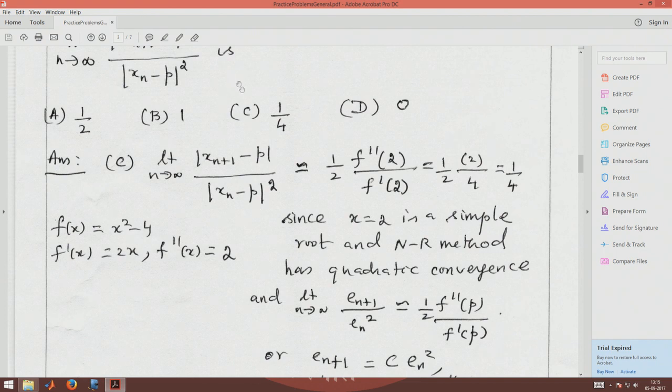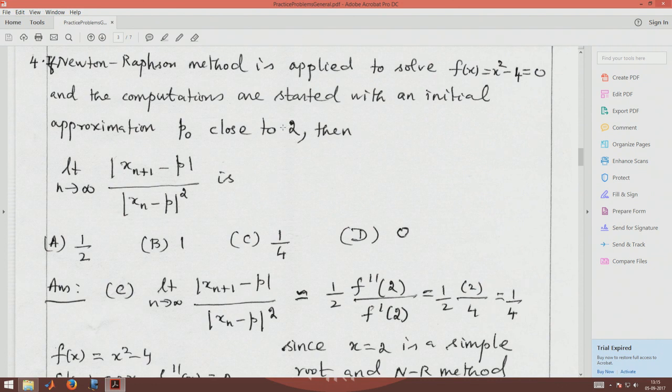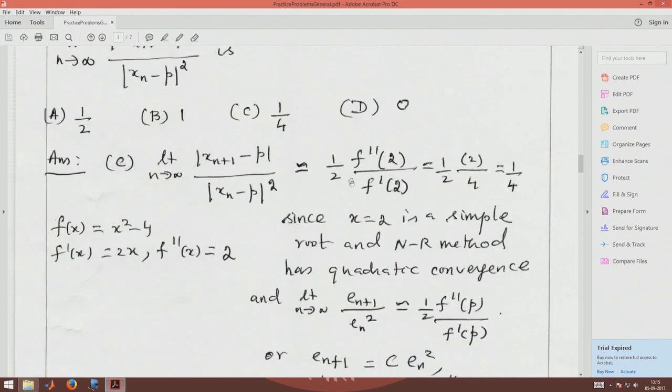So, p is given because it says close to 2, that information is given to us. So, p is 2 and therefore, we take this value, we know the function.